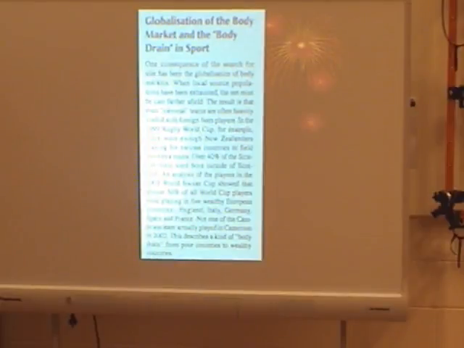Now, one of the consequences of these body optimizations is what they're calling a body drain in sports. It's kind of odd to think of something called a body drain, but they talk about something called a brain drain in academics. Basically what they're saying is that professional clubs that have a lot of money spend a lot of money to try to find the best person for the job, and they will go to new countries, new areas to try to find the best person.